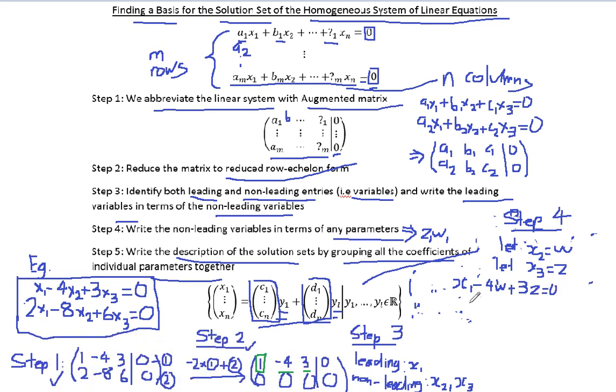Therefore, x1 equals to 4w minus 3z. So now, step 4 done. Step 5.